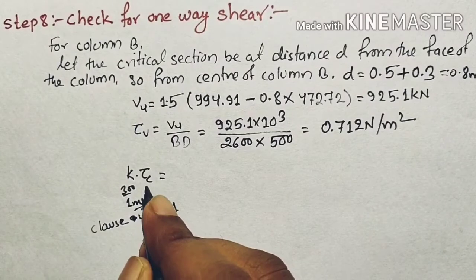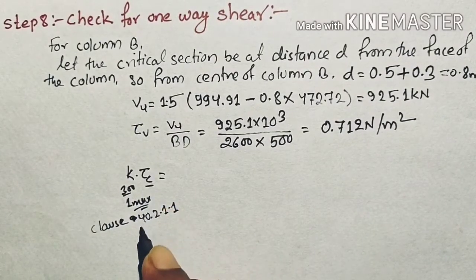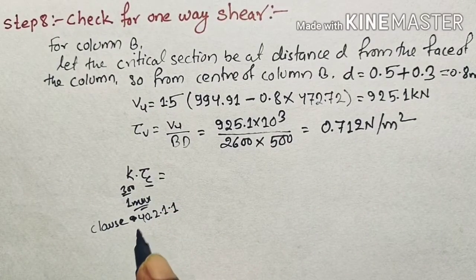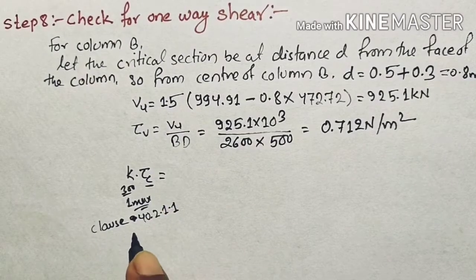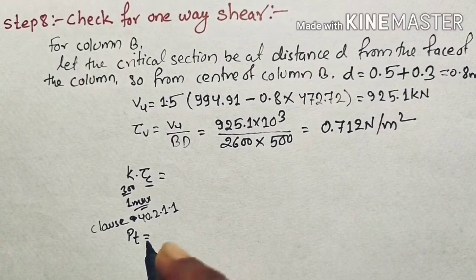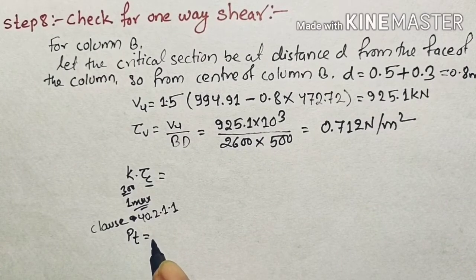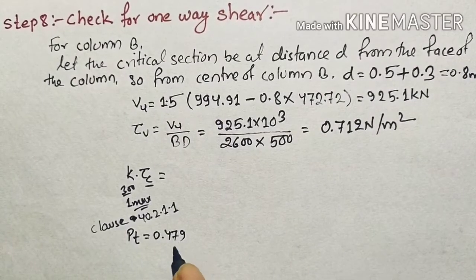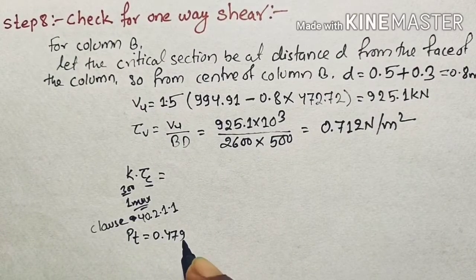Now to find the value of tau c, we need to use table 19 of IS 456, and for that we need the value of percentage of steel that we found in the hogging bending moment, which was pt equals 0.479, which we calculated in step 6 while finding the reinforcement for the maximum hogging bending moment.